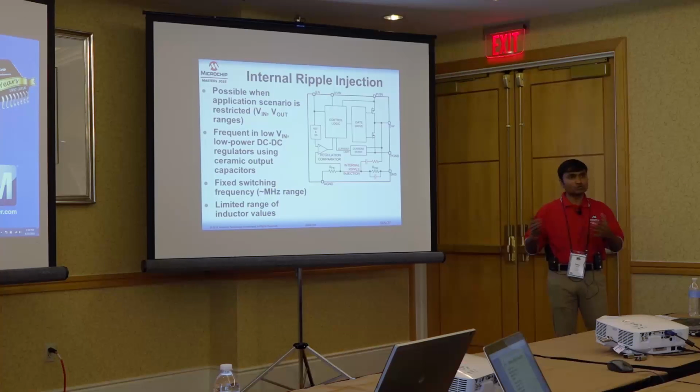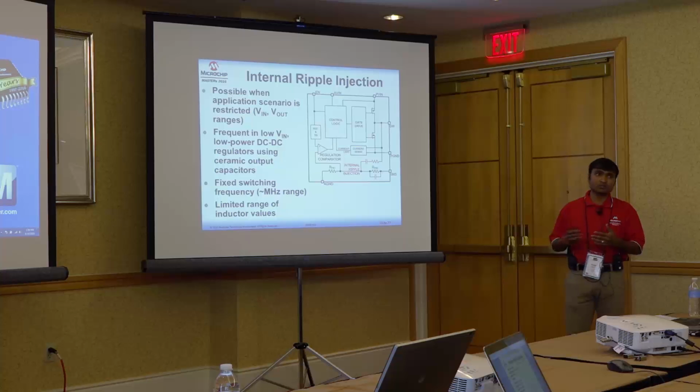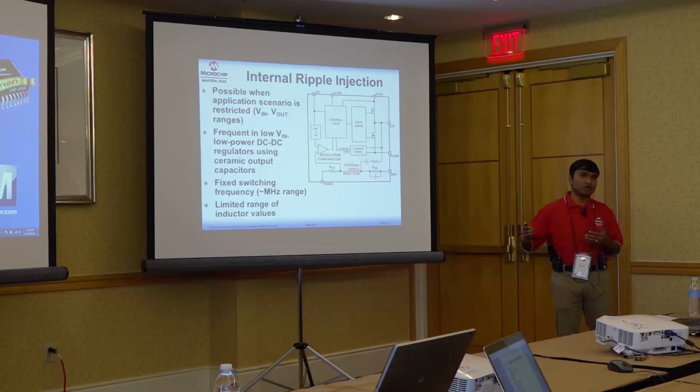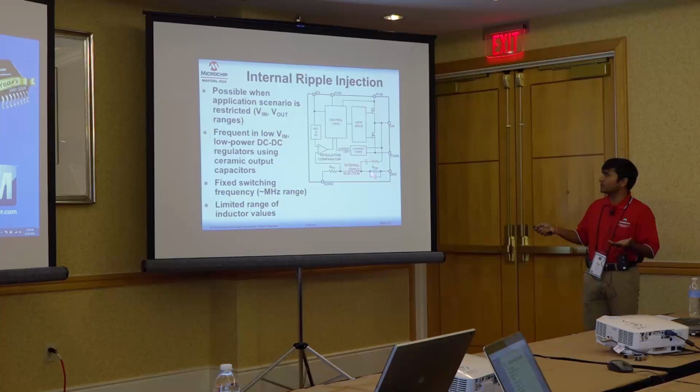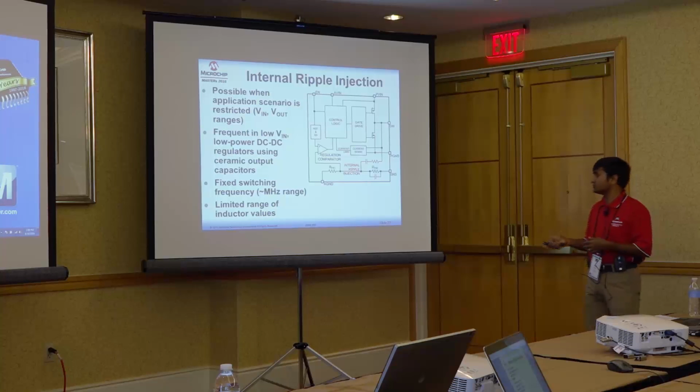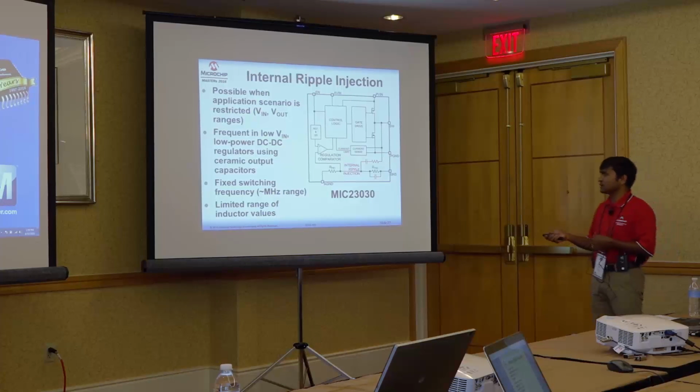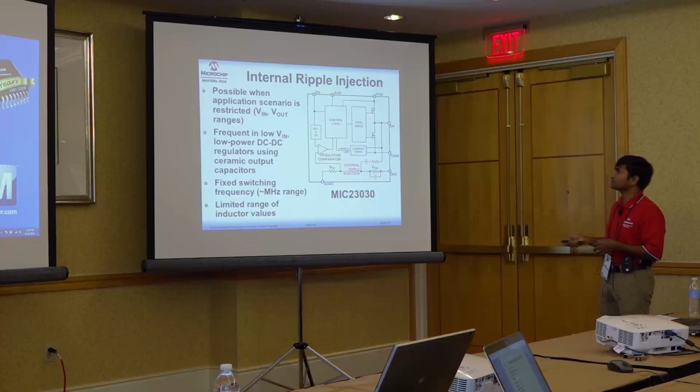So in all those products, because the input variation is very wide, we keep this network outside, but in the low voltage controllers, low voltage applications, we integrate this ripple injection network. One example is MIC23030.